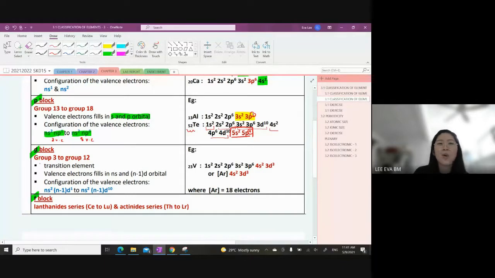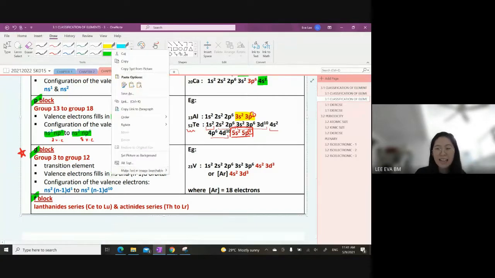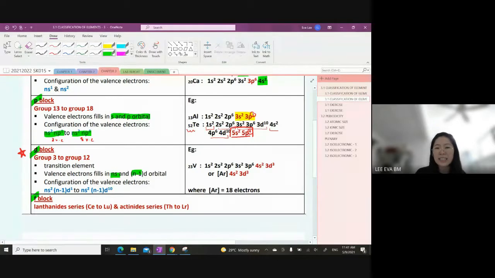So for block D, this is where the complication comes in. Block D is starting from group 3 until group 12, and this is what we call the transition elements. The valence electrons fill in the ns and (n-1)d: 4s 3d, 5s 4d, and so on.